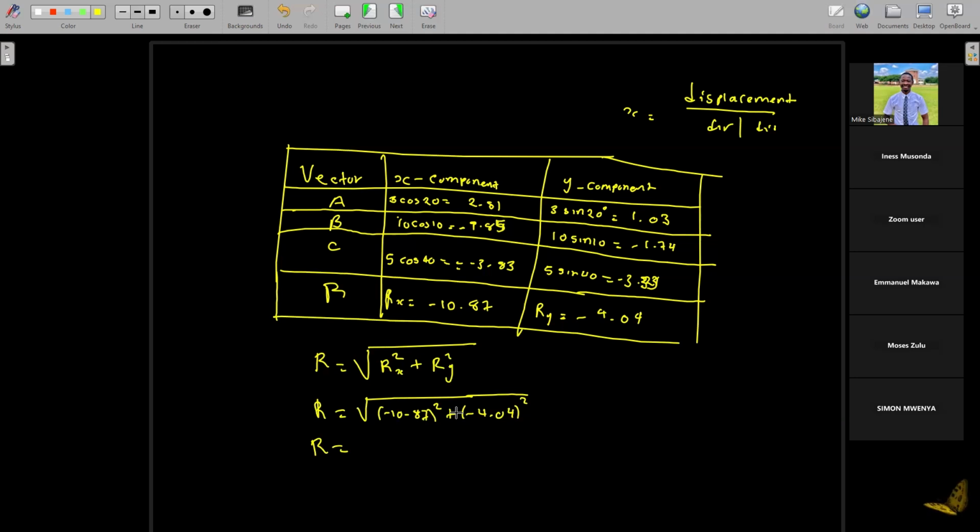What are you getting? The square root of 10.87... yes, 87.